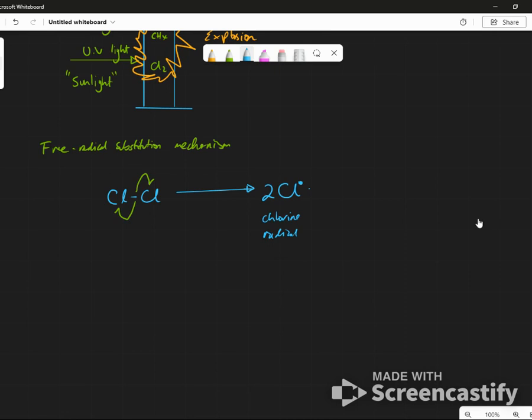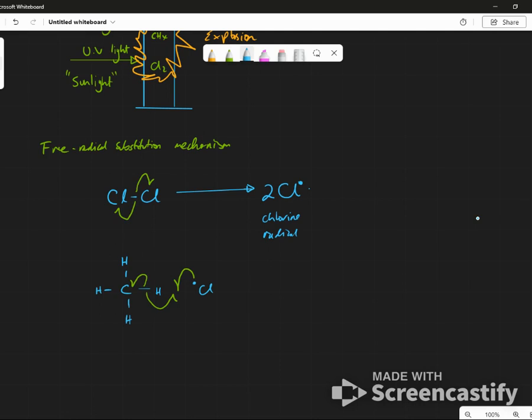The second thing that happens is a methane molecule will now interact with one of these chlorine radicals in another homolytic bond fission. One electron from here goes in there, and one electron from the bond goes on there.